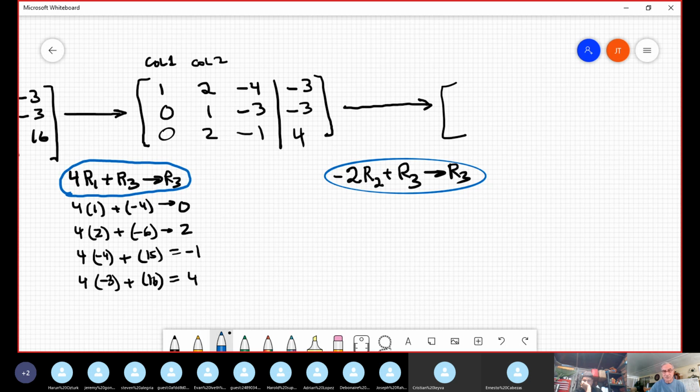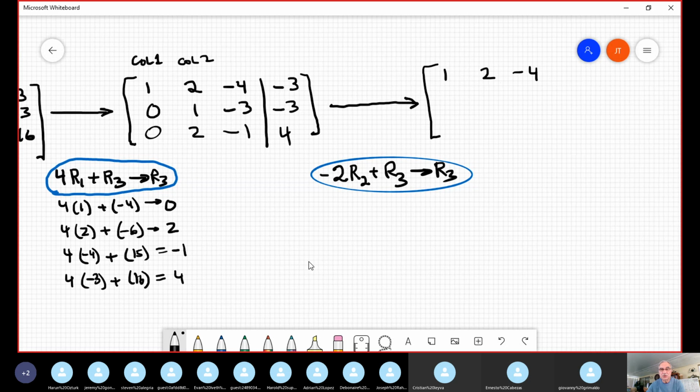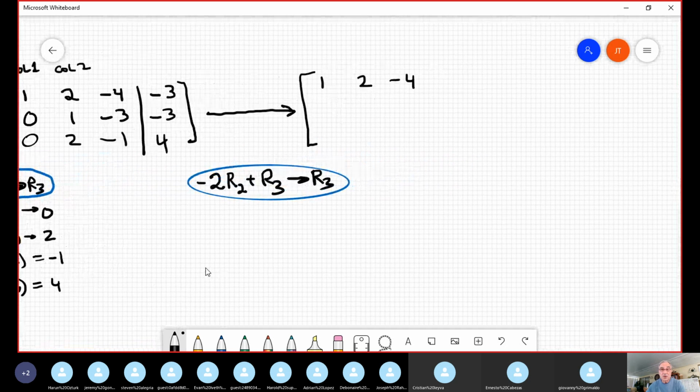Yes? Okay. So I copy. Wait a second. I copy. Okay, I copy the row 1 exactly the same, because in this moment I'm done using it. Wow. Okay, then -3. I copy the row 2 exactly the same because I'm using it, but I don't touch it.